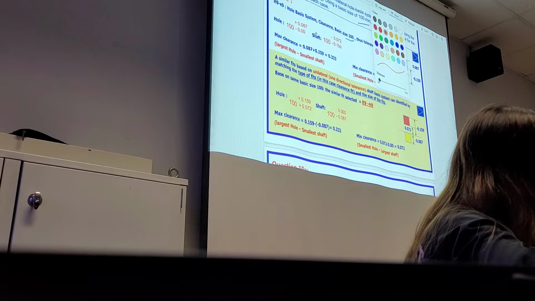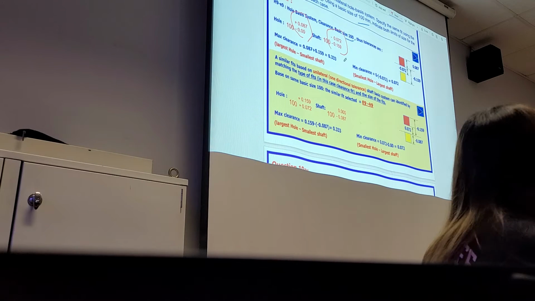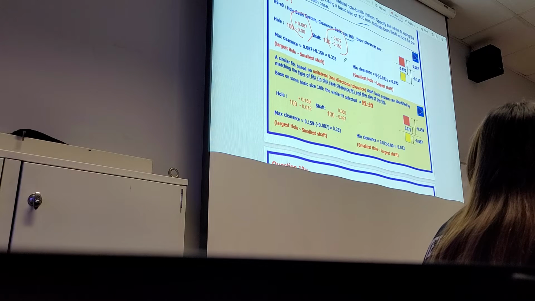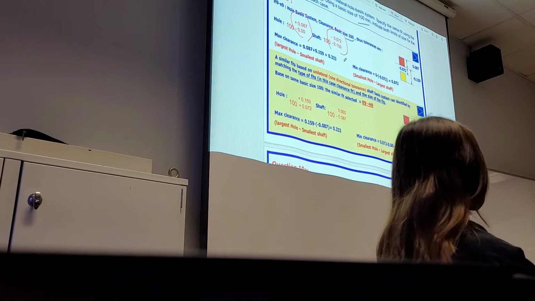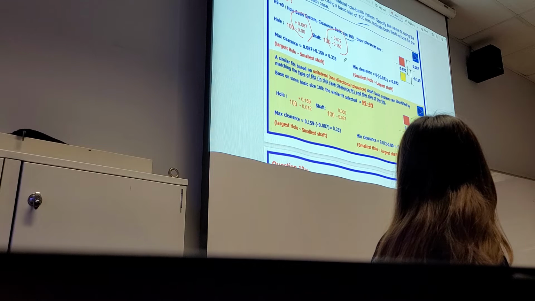Then from here you can get these values. All these values are from the table. Remember, there are two tables. The table you can refer to anytime, but you must know how to get the value from the table. That's the important thing. So from here we can work out the maximum clearance and minimum clearance.